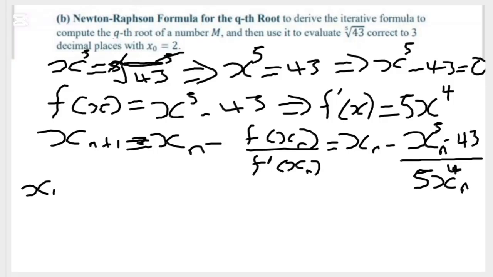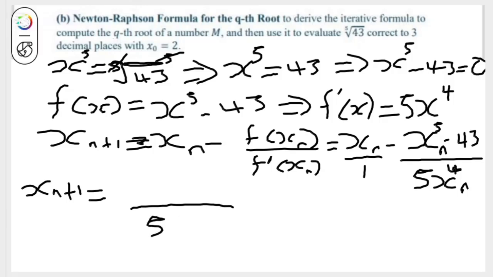So therefore x of n plus 1 should now be equal to, this is the same thing as divided by 1, I have the LCM, which is 5x raised to the power of 4 as a subscript of n. So if I set this into 1, it will give me the same thing, 5x power 4 of n. So I have to multiply it with this 5x of n.